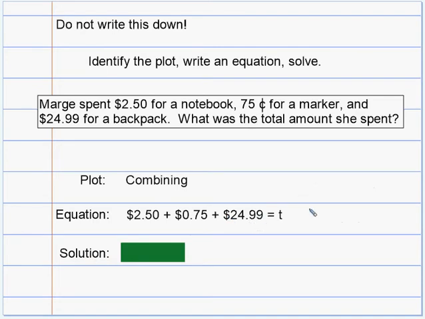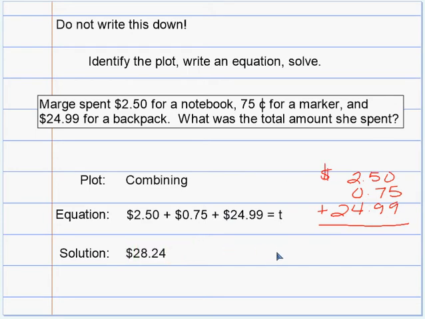And $24.99. So you would end up with 2.50, 0.75, 24.99, and remember you can always put a 0 there, and then you would add, and your total is $28.24. Okay.